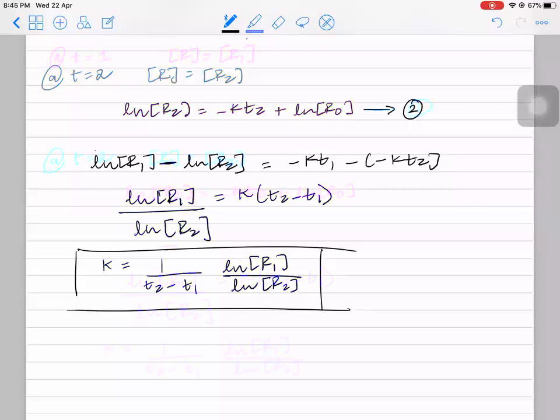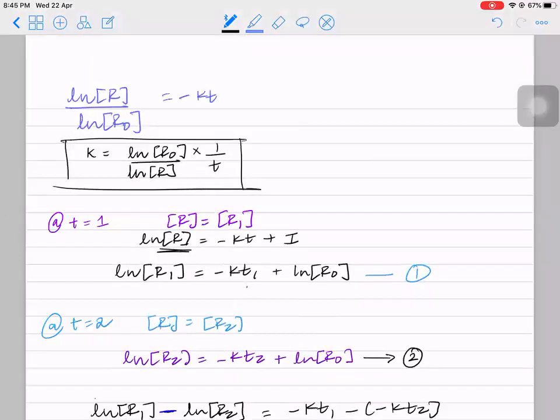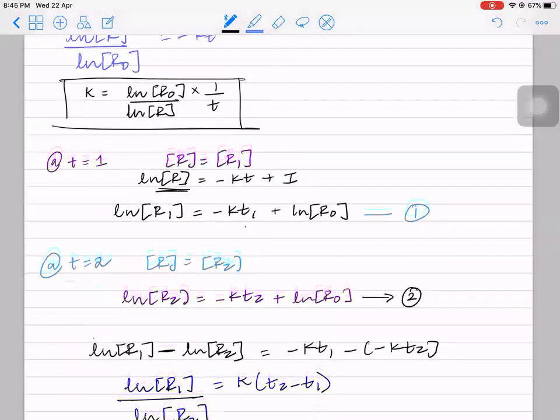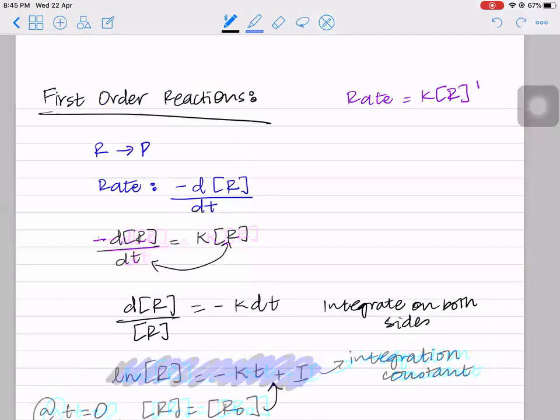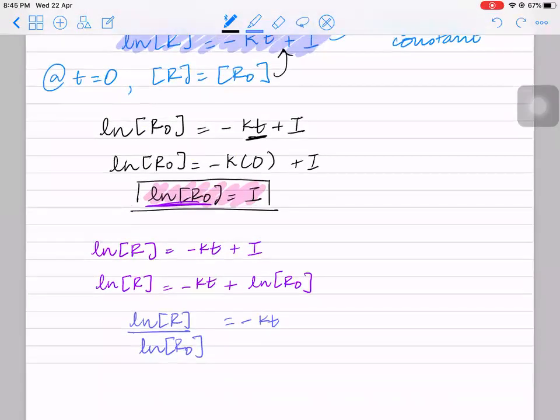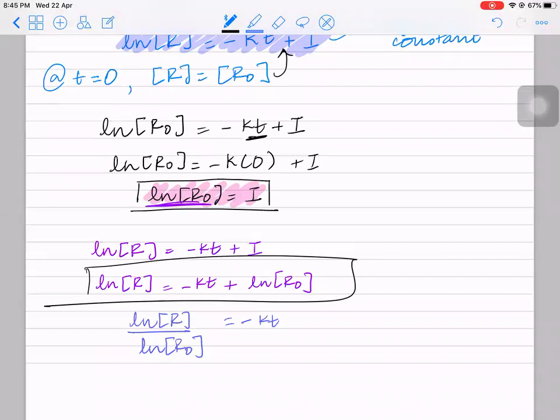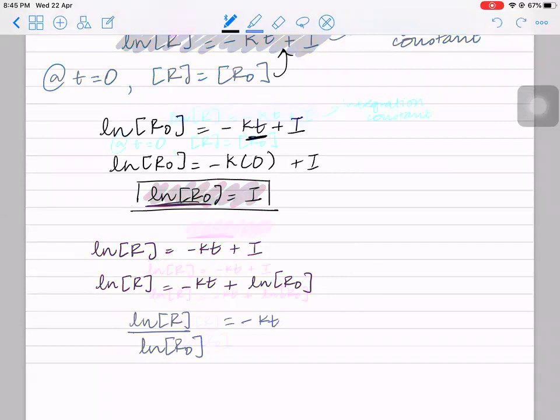Now, I told you that this equation right here resembles y is equals to mx plus c. Let's look at that. So you had natural log of reactant equals minus kt plus ln r naught.